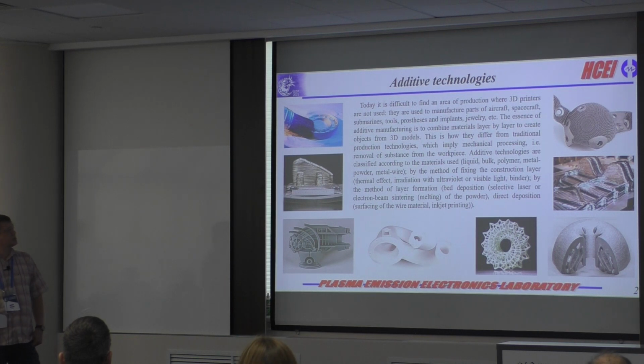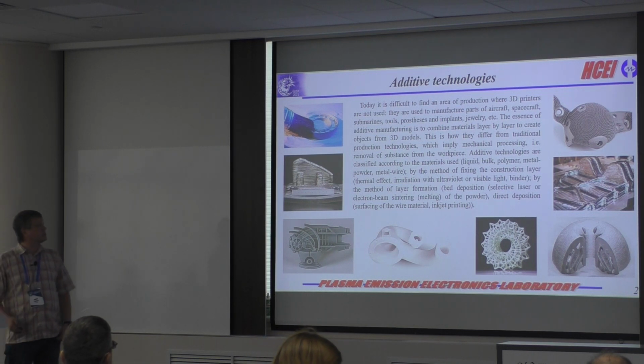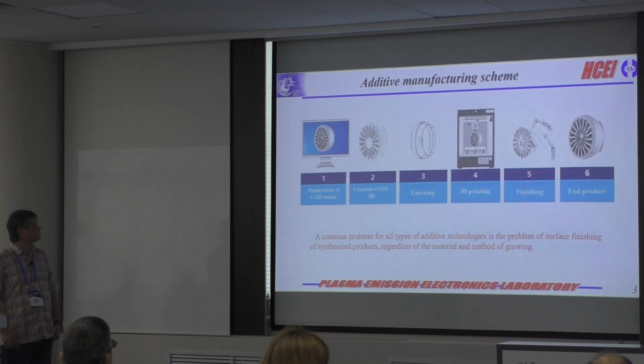Bed deposition includes selective laser or electron beam sintering or melting of powder, and direct deposition includes surfacing of the wire material and inkjet printing. It's only some part of the classification of additive technologies.